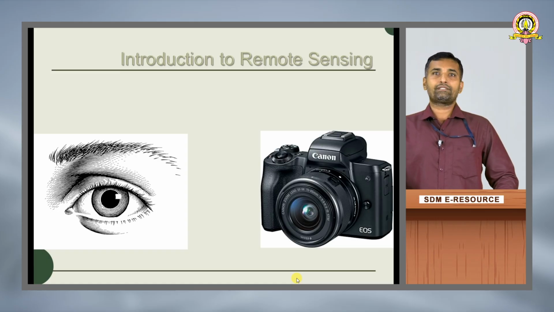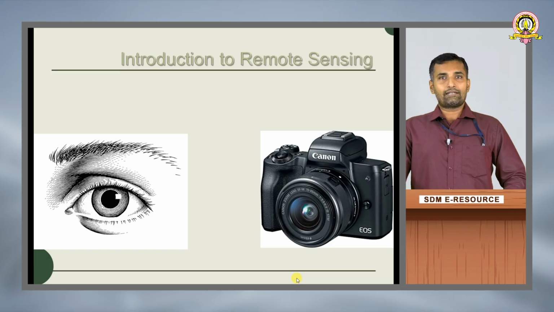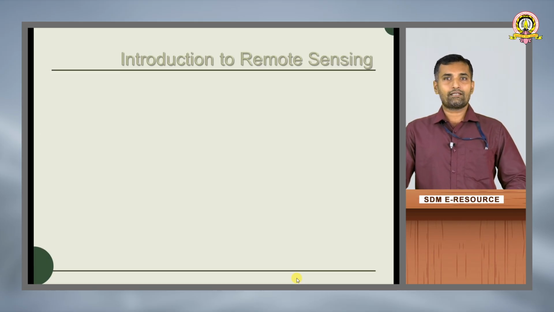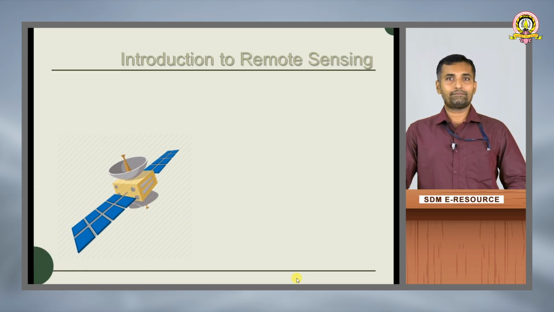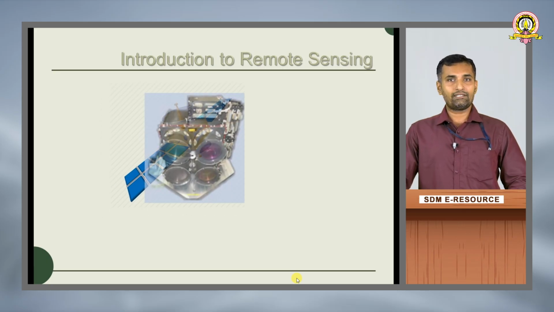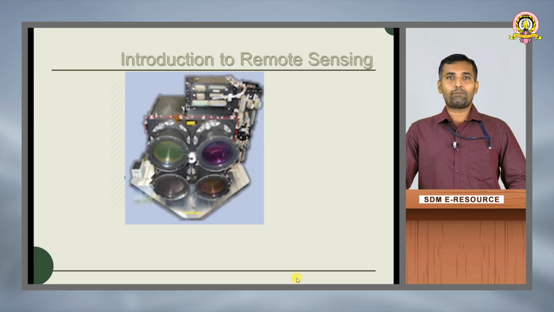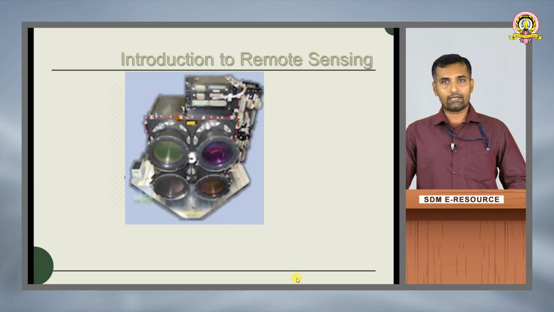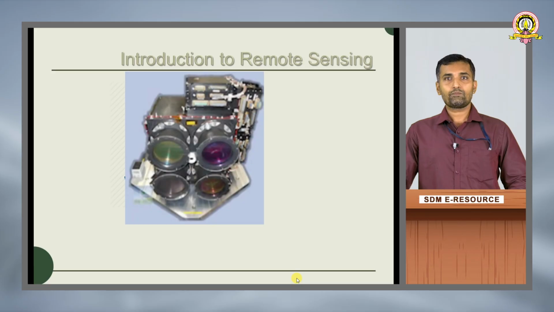And one more thing, we know that all the satellites are mounted with a sensor. They are capable of collecting information about Earth's surface using the electromagnetic spectrum. It's a device mounted in the satellite to collect information about Earth's surface features. We call this a sensor.